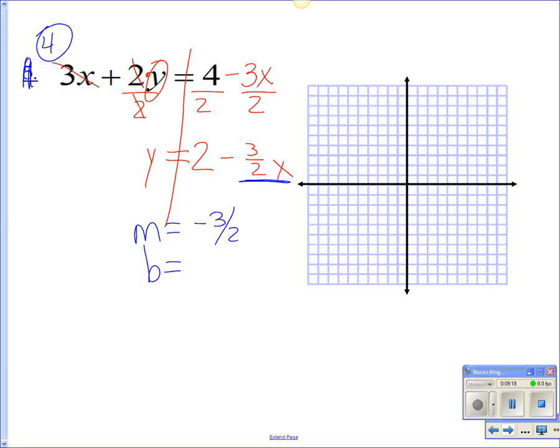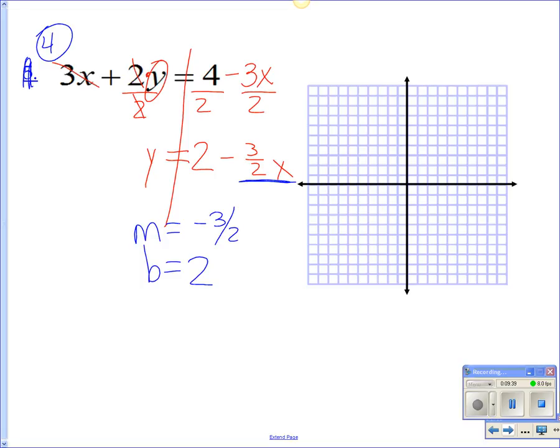M is always with the X. Dylan, what is my B? Nope, it's 2. -3/2 is my M. All right, now we're ready to graph.